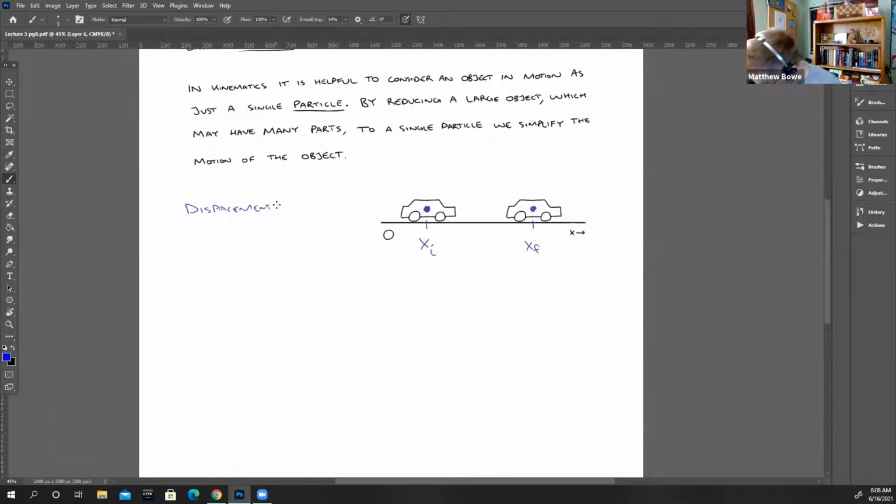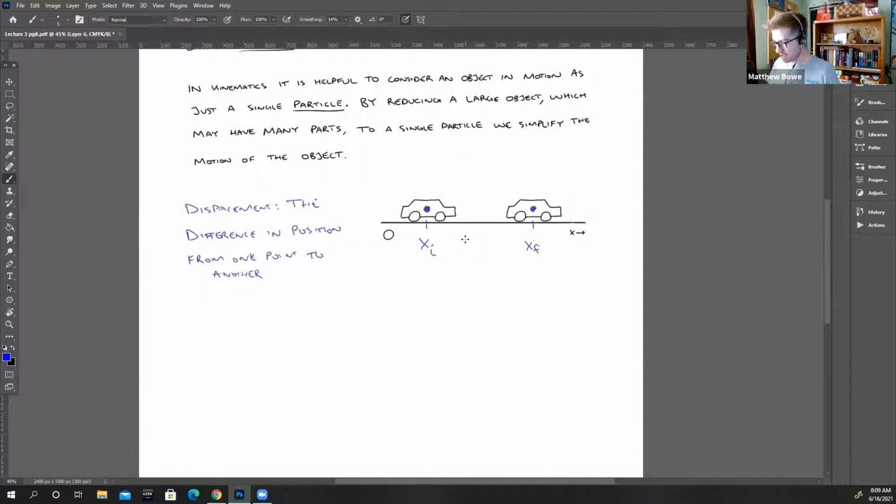And I believe this is what I wrote last time: the difference in position from one point to another.